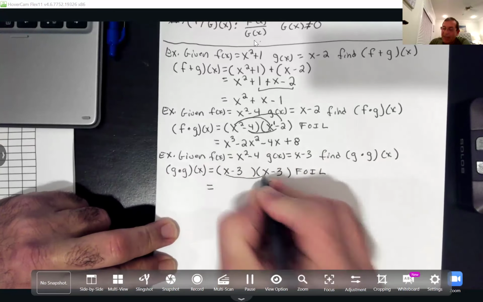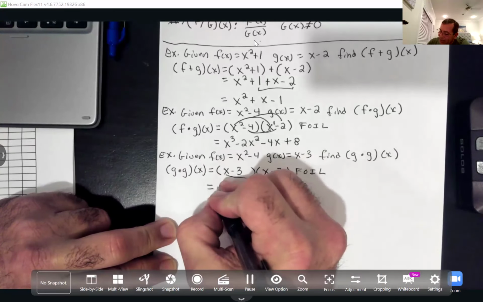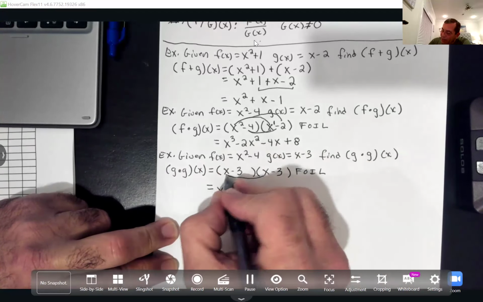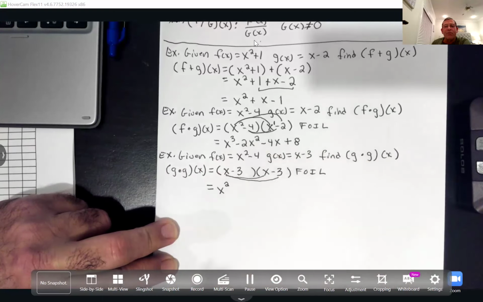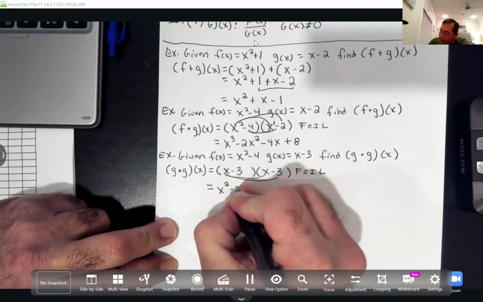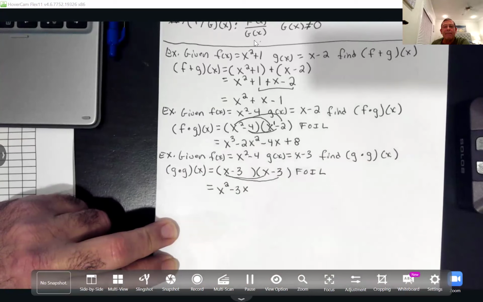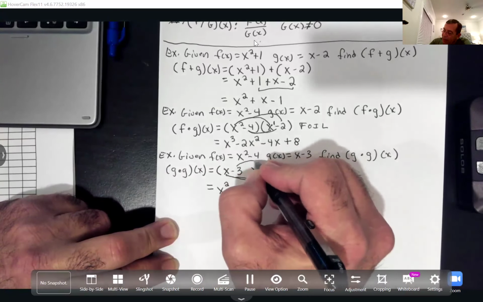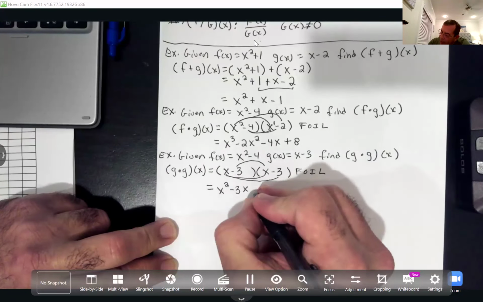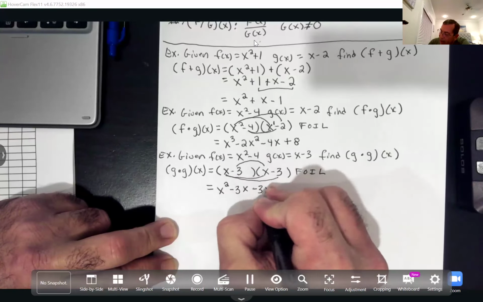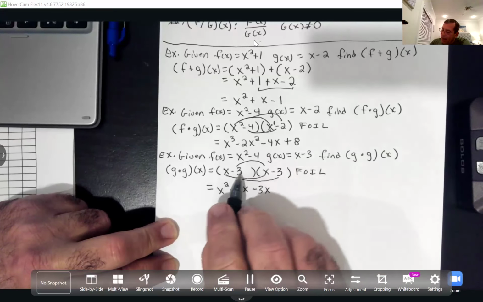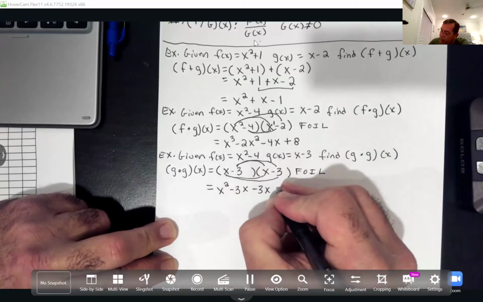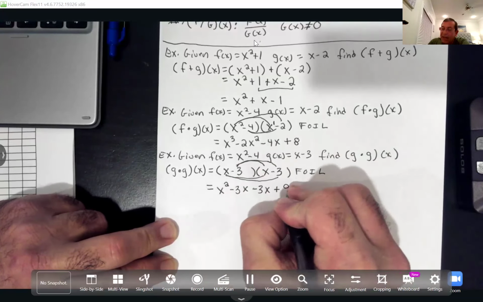All right, y'all, x times the x squared. This x times negative 3 is a negative 3x. All right, so now we'll distribute this negative 3 here times x. And y'all get another negative 3x. And then finally, that negative 3 times negative 3 is going to give me what? A positive 9.